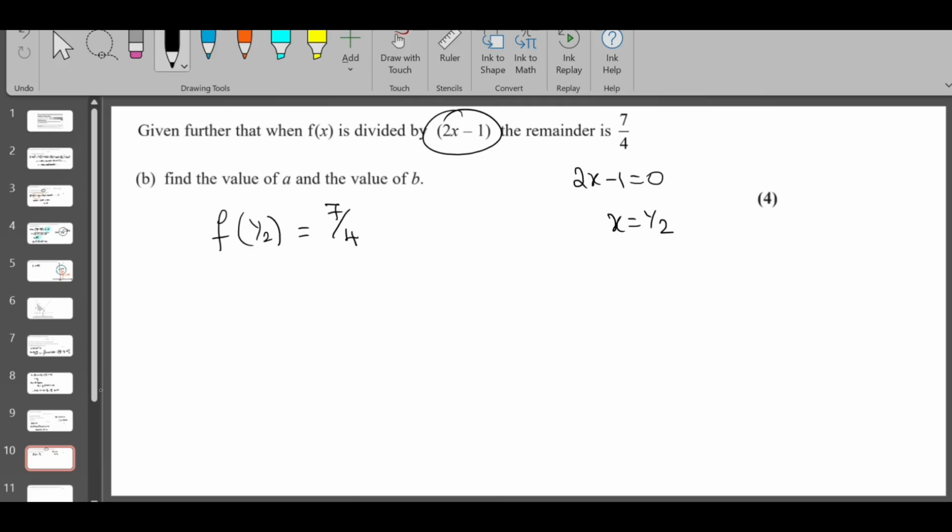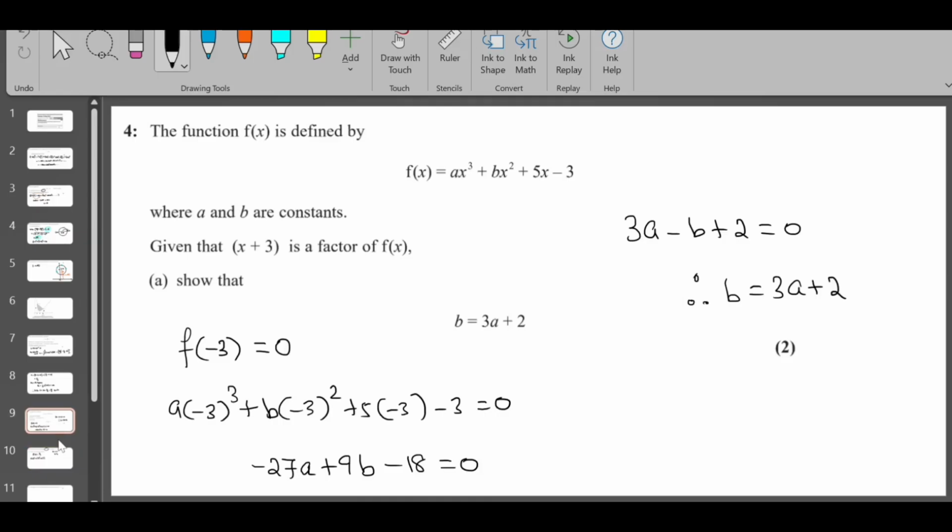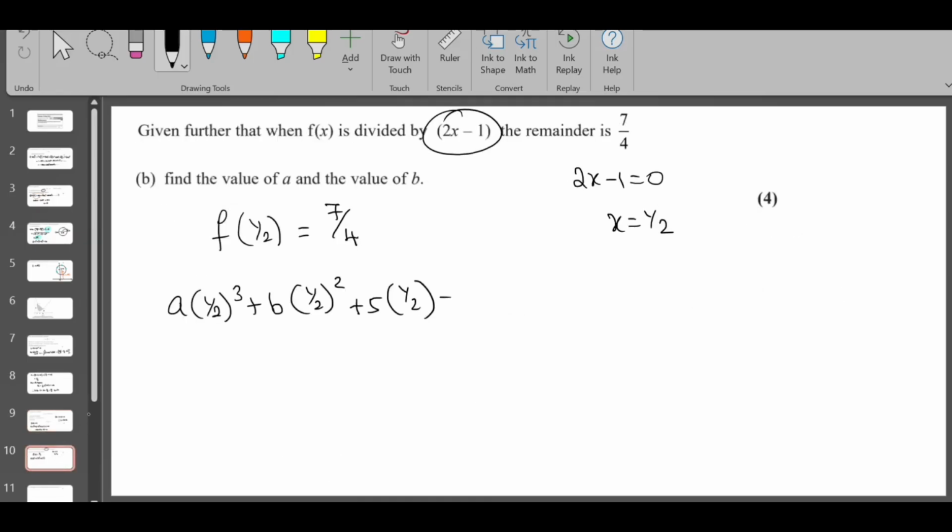So sub in the place of x into the function, ax cube plus bx square plus 5x minus 3, and this will be equal to 7 over 4. So that's going to be a over 8 plus b over 4 plus 5 over 2 minus 3 is 7 over 4.